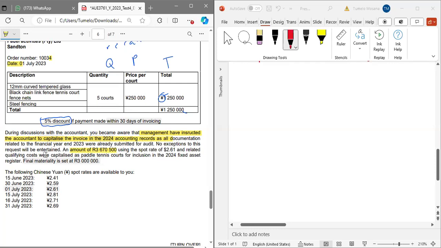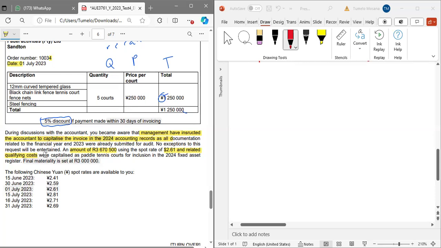So we will need to check whether all these costs that were capitalized meet the recognition criteria of PPE, IAS 16. You have done PPE in accounting, I think around May, somewhere there.